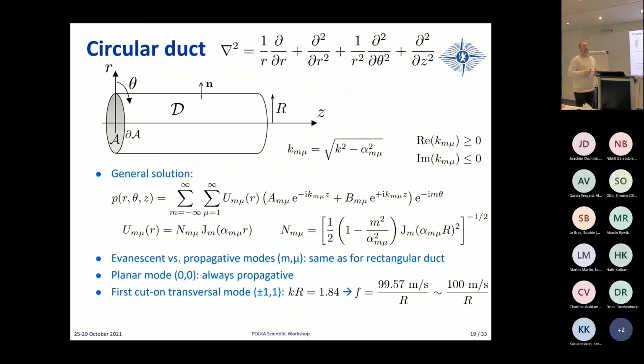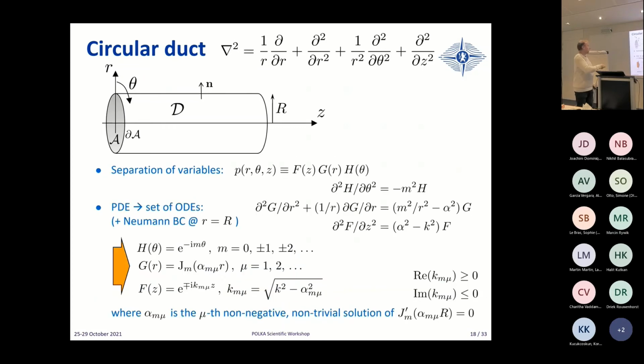Is there any particular reason why we use Bessel functions in circular ducts and not in rectangular? Yeah, but that's by virtue of this operator. I mean, the shape of the Laplace operator gives a radial derivative that looks like this, and this is a Bessel equation. And the solution of the Bessel equation is Bessel functions.